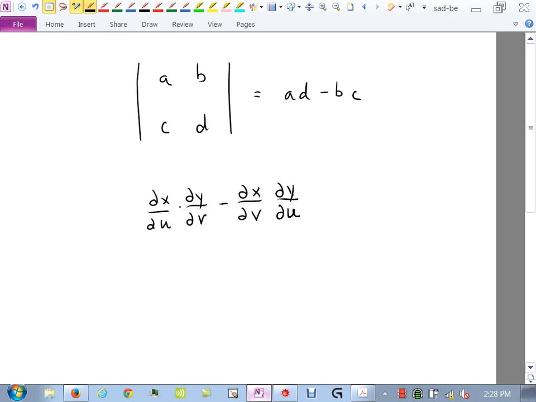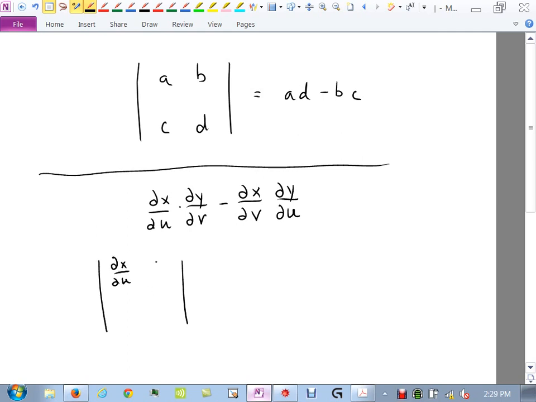That can be looked at as the determinant of the matrix with partial x with respect to u, partial x with respect to v, partial y with respect to u, partial y with respect to v.